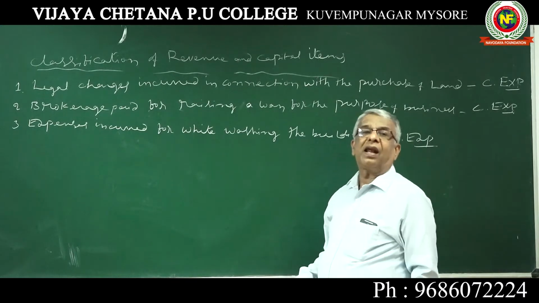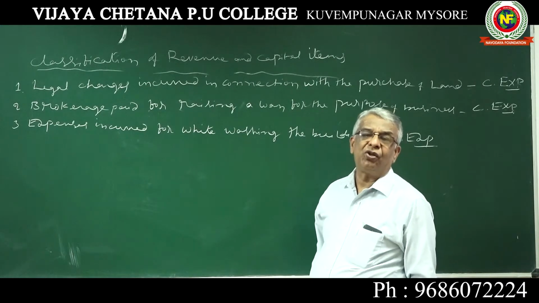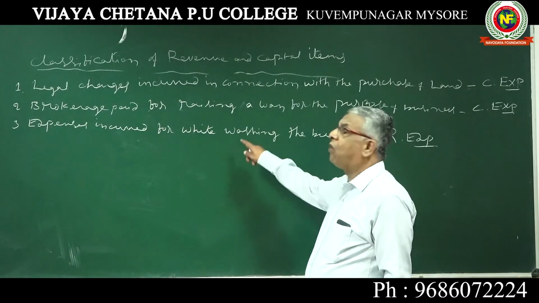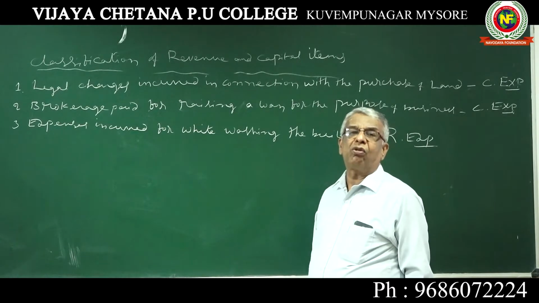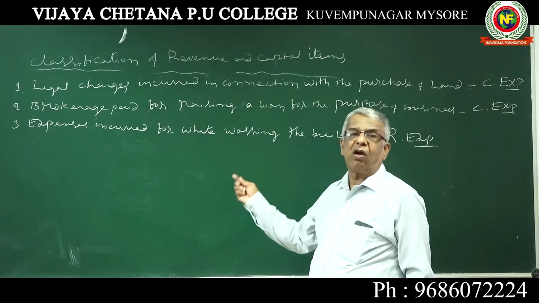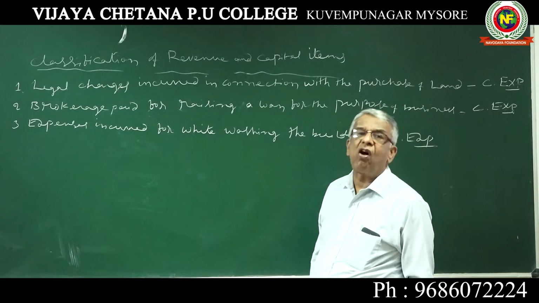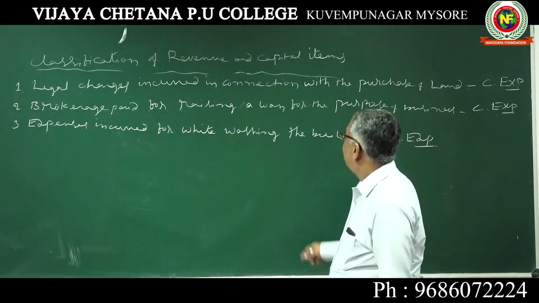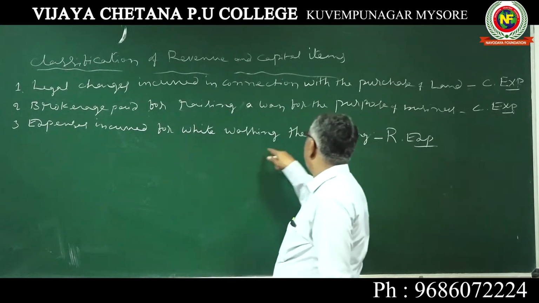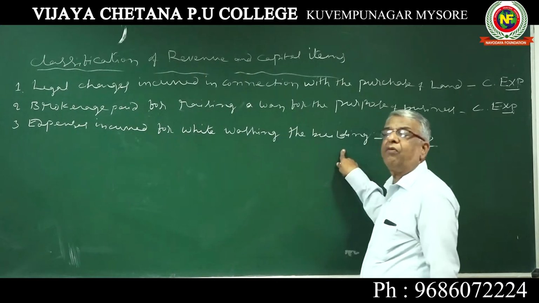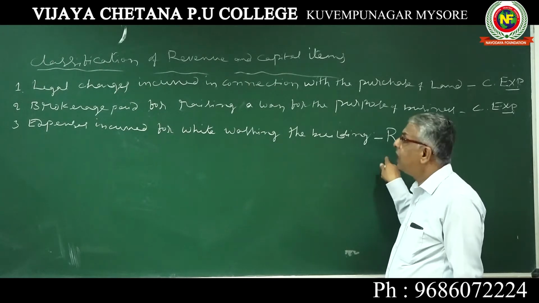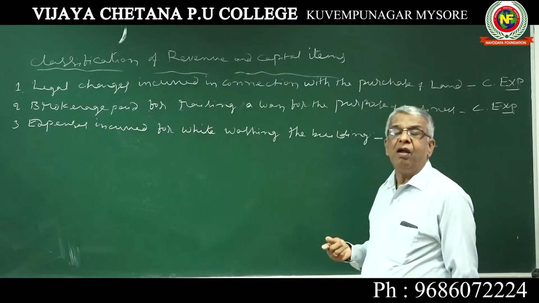Because it is recurring in nature. Every year we have to apply whitewash to our building, either to the office or commercial building or to the building of the not-for-profit organization. So therefore expenses incurred for whitewashing the building is a revenue expenditure. It is recurring in nature.